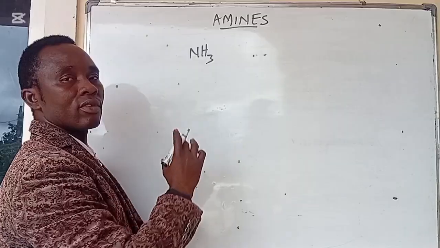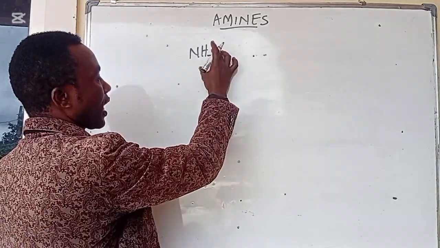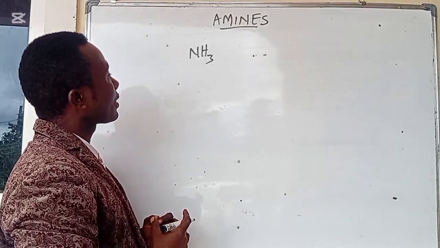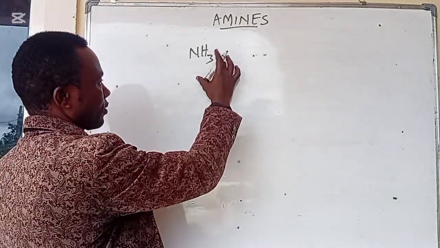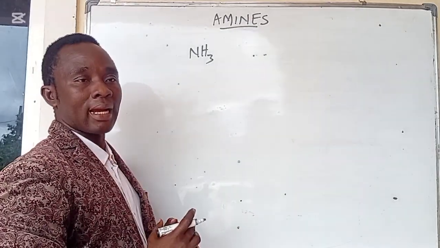Either one of the hydrogens is replaced by an alkyl group, or two of the hydrogens of ammonia are replaced by an alkyl group, or three of the hydrogens of ammonia are replaced by an alkyl group.